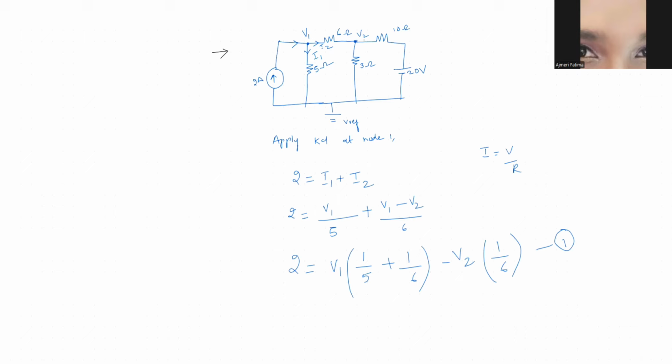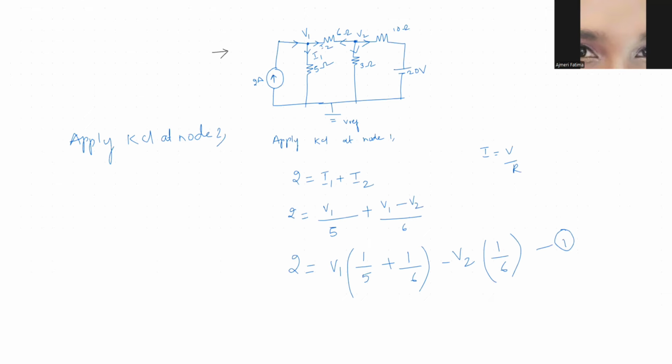So I'll assume the current is leaving. So apply Kirchhoff's current law at node 2. It is your wish. You can take current as entering from 20, or you can assume that current is always leaving from the node. As the current is given from 2 ampere, that's why we are assuming it as entering current.